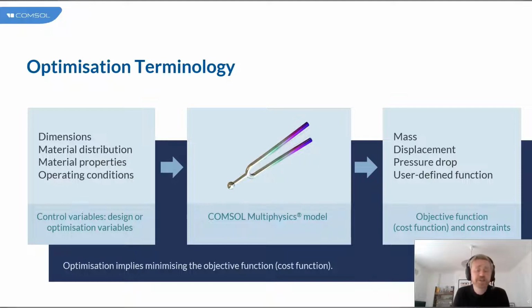And in some cases, it's very important that we have these constraints, because if I go back to the example where we're optimizing for the minimum mass, if we have no constraint on this problem, the optimal solution is actually to remove all the material, because that's the minimum mass. So we need constraints to ensure that we will get a physical solution as the output of our optimization study.